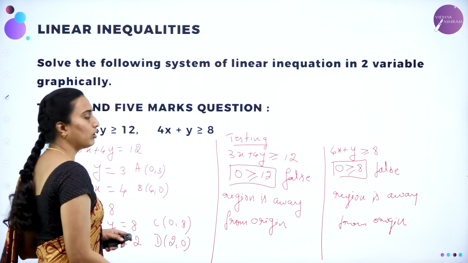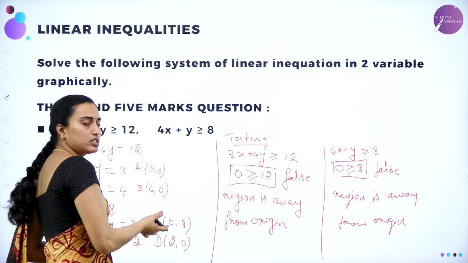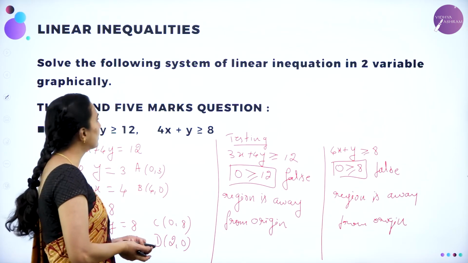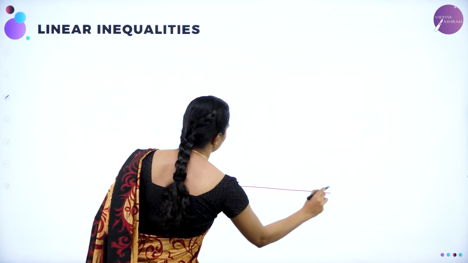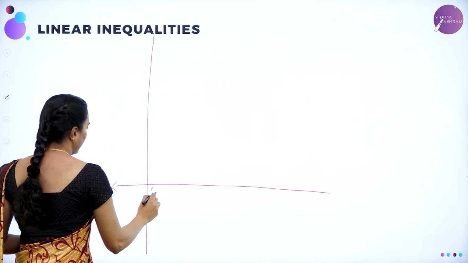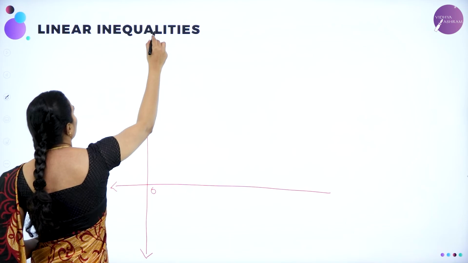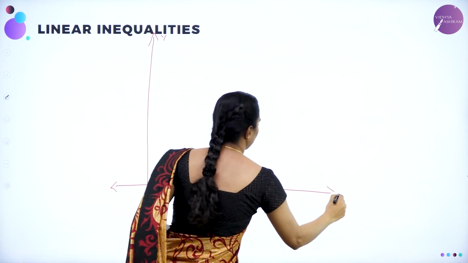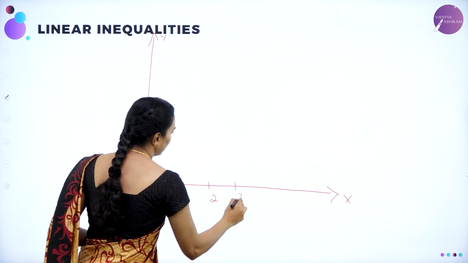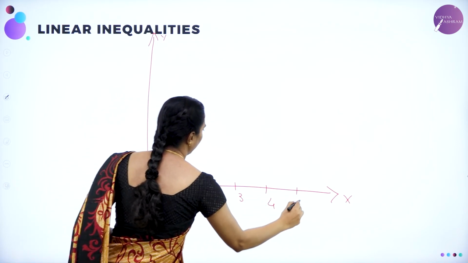Therefore, let me draw now graphically. Y-axis will go up to 8 units, x-axis will go up to 4 units. Now, this is the x-axis and this is the y-axis. Now, here origin, y and then here x. Now, 1, 2, 3, 4, 5.